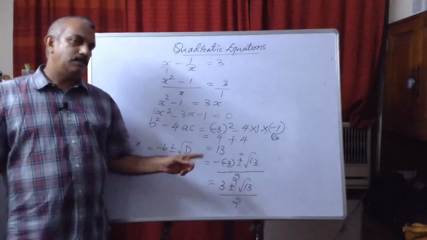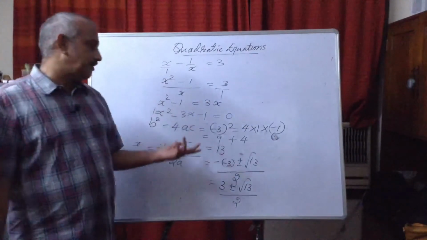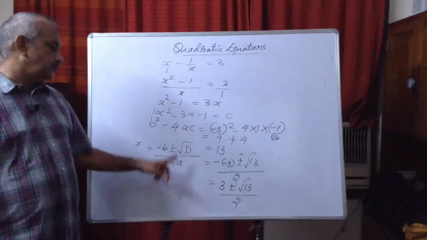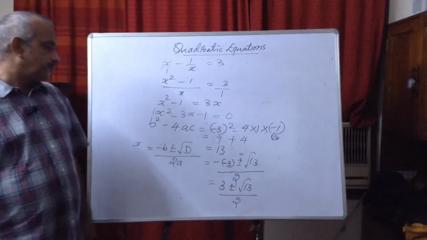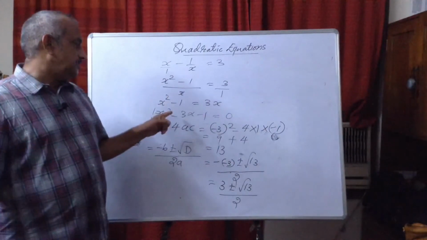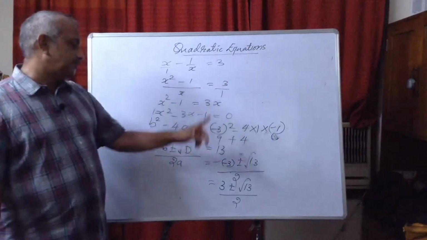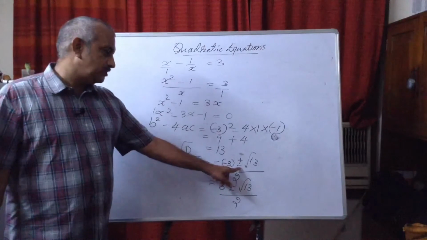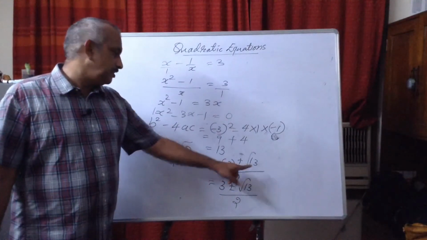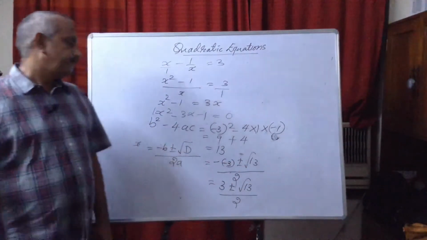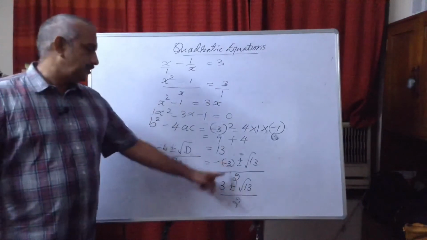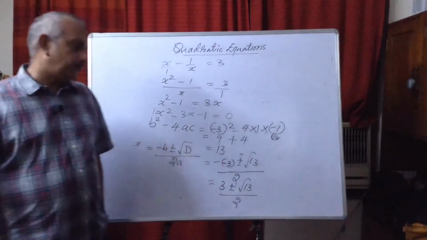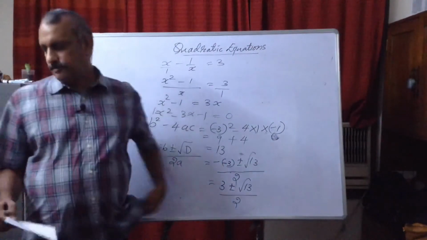We write D only in the place of b square minus 4ac. So minus b plus or minus root D upon 2a. Now what is minus b? b is minus 3. So minus b is minus minus 3, plus or minus root D, 13, upon 2. This minus minus will become plus: 3 plus or minus root 13 upon 2. So this is the answer.